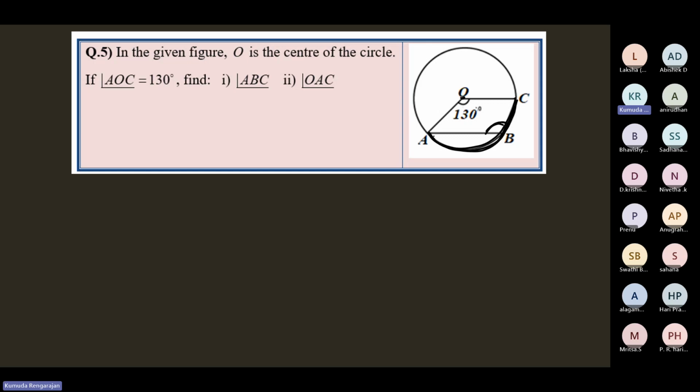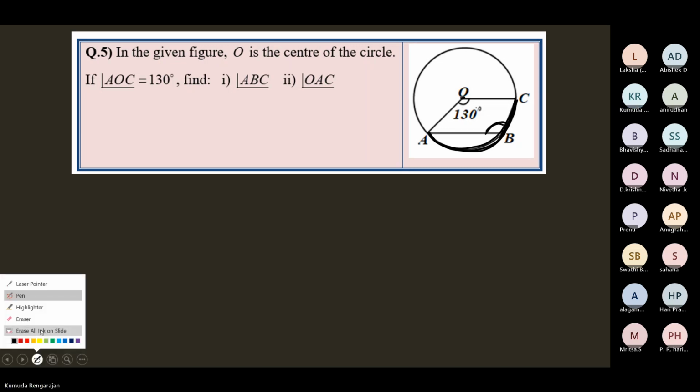But we have to find angle ABC, and B is a point on the arc itself. So you cannot use the theorem here. The theorem that the angle at the center is twice the angle on the circumference cannot be used here because this point B is on the same arc AC.